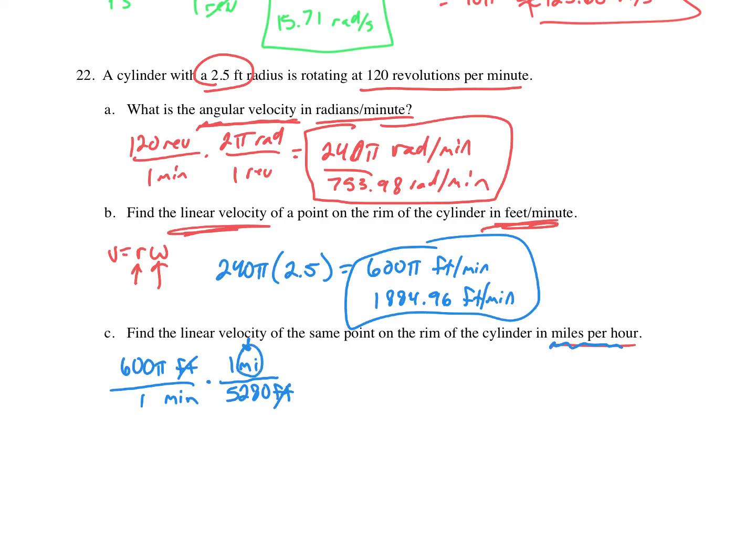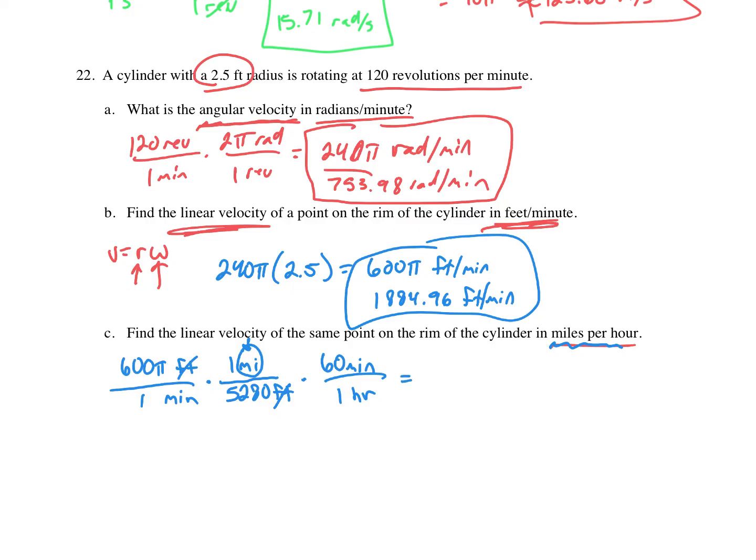Well, we don't want miles per minute, we want miles per hour. So we need to convert the minutes into hours. So let's multiply by the conversion factor. Minutes into hours is 60 minutes per 1 hour. So we moved feet into miles, we moved minutes into hours.